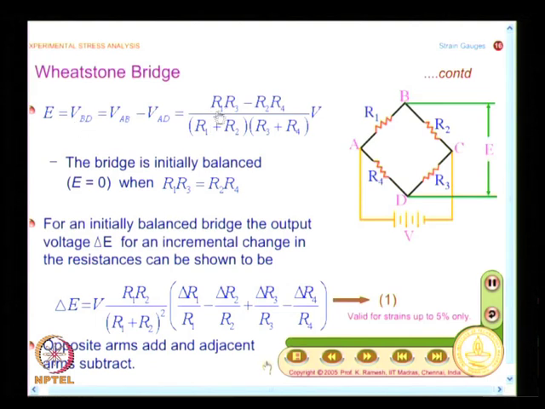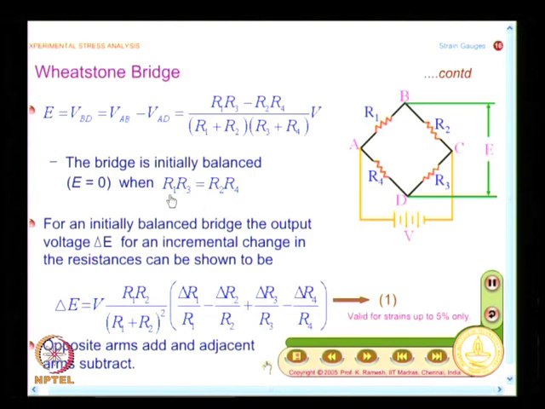That gives me an expression VBD as (R1 R3 minus R2 R4) divided by (R1 plus R2) into (R3 plus R4) into P. When I make E equal to 0, this gives me a condition R1 R3 should be equal to R2 R4. So, when I construct a Wheatstone bridge, I need to maintain this relationship.